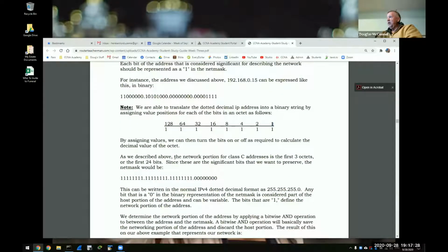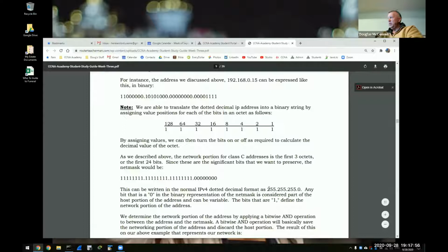So if we want to describe the network portion for a class C, the first 3 octets are the first 24 bits. So the net mask would be expressed like this. And that binary expression of the net mask, the subnet mask, in decimal looks like this.